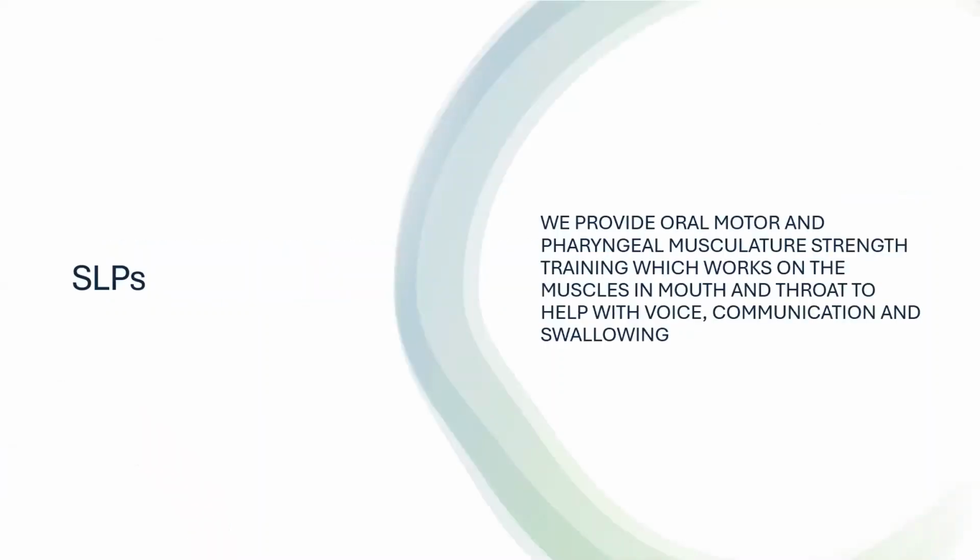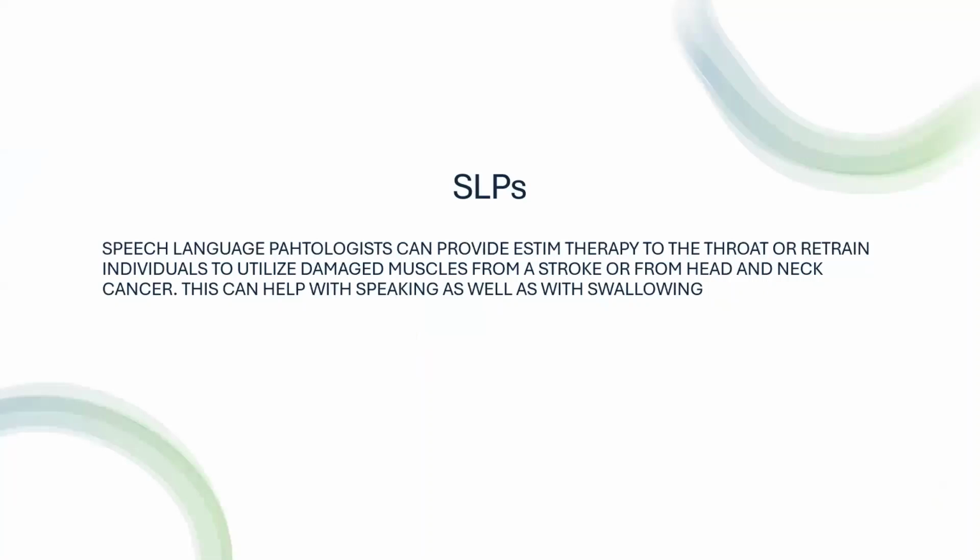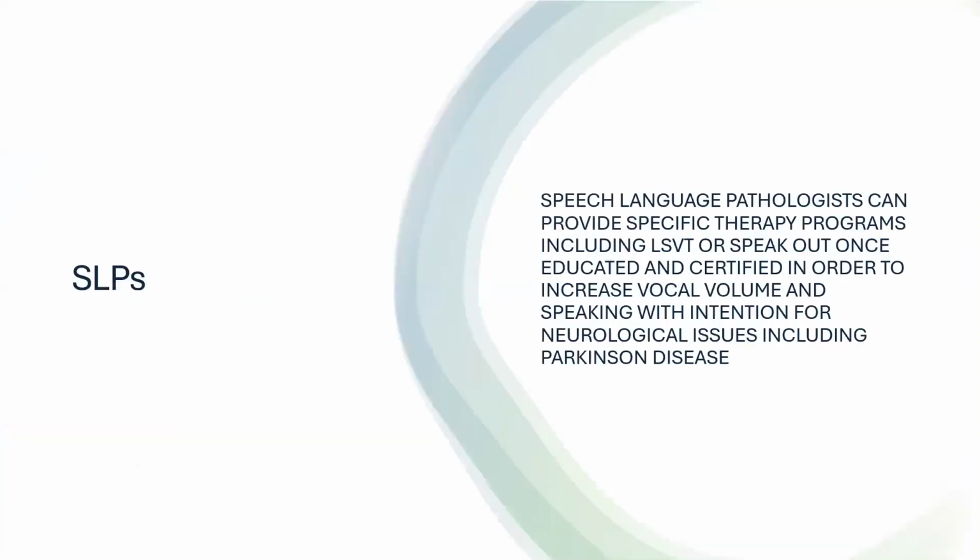And then we also provide, like I said, oral motor or pharyngeal throat strengthening exercises to help with voice and communication and swallowing. Lots of diagnoses, adults, children, strokes. Head and neck cancer is another area where people have specialty with, where sometimes we'll do some speech therapy before they might have surgery or before you might have radiation to your neck, because when you have radiation, it does affect the fibers in your neck and the musculature there.